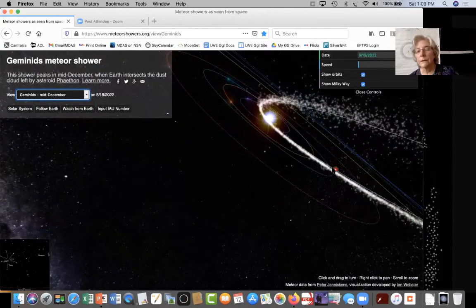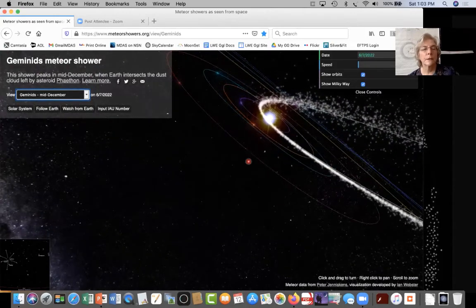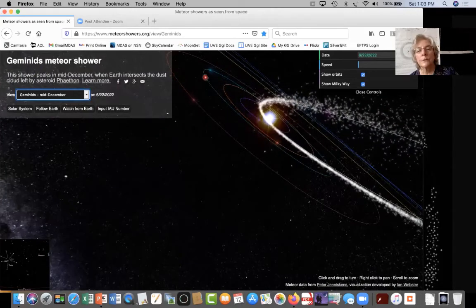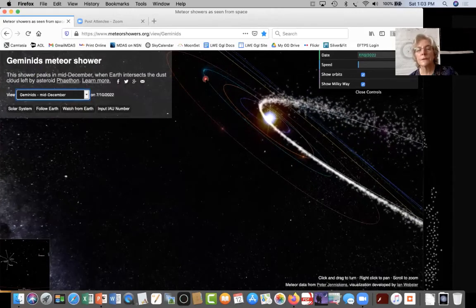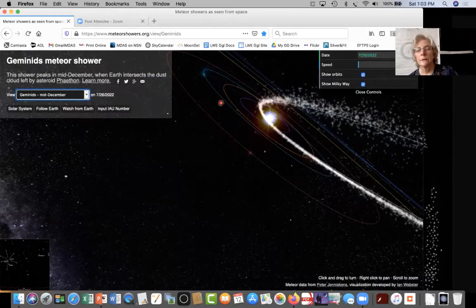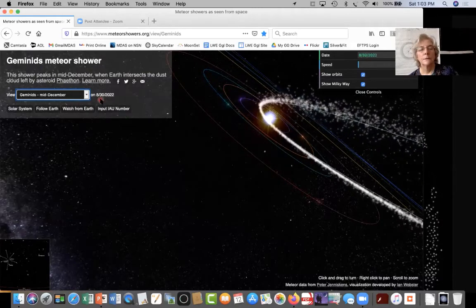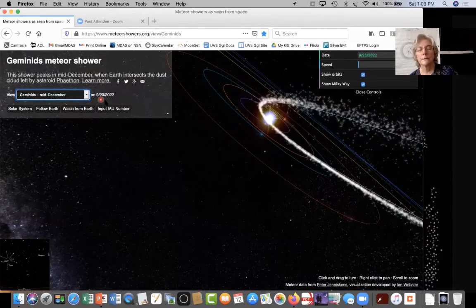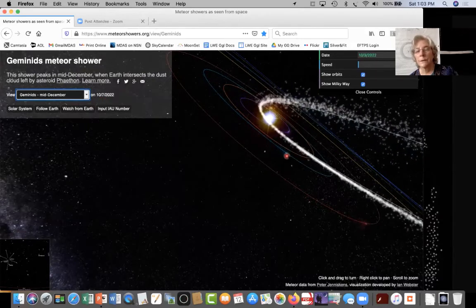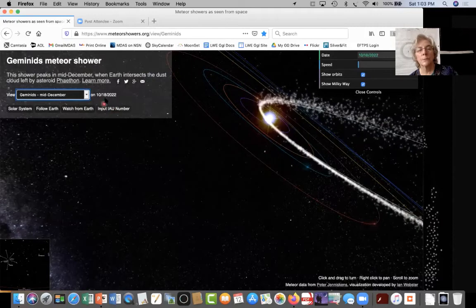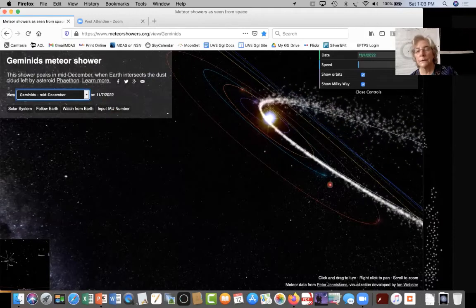Looks like it's right here, right? So let's watch Earth come around. Can you see the little blue dot that's Earth? It comes around. Watch the date over here. And it's coming around, and we're approaching December, and here we go.